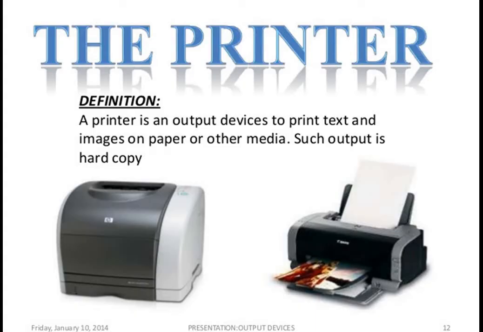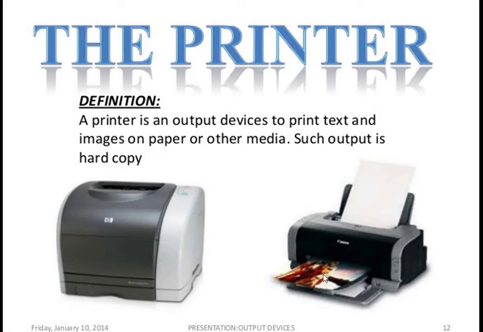Let's see another example, the printer. A printer is also an output device. Why do we use a printer? To get the text printed on a piece of paper. A printer is an output device which is used to print text and images on paper or other media. Such output is called hard copy.